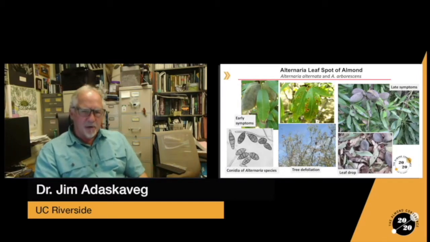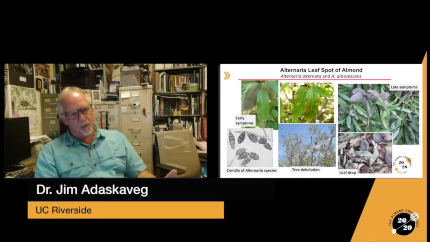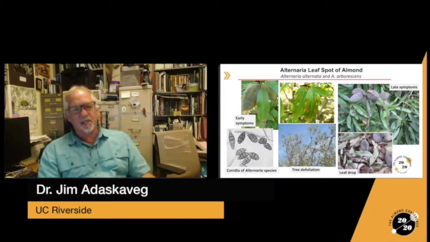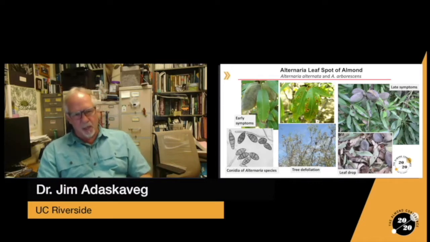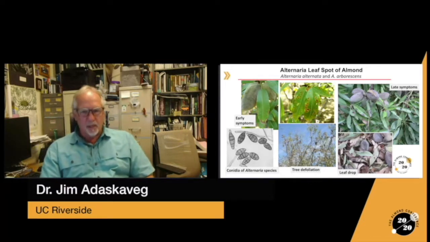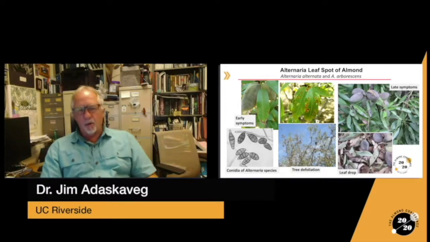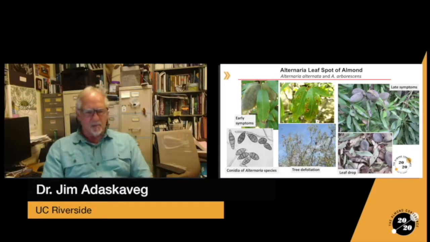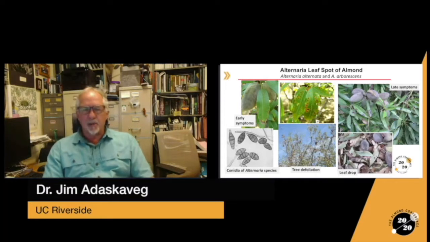They're ubiquitous fungi in orchards, and you can see with some of the symptoms, early symptoms show marginal infections, and then as we move to later infections, we see lesions over the entire leaf, and then even in the later stages, they start turning black with sporulation of the fungus. In the lower left, you can see the conidia of Alternaria, which are dark, and that's what gives it the black coloration on the leaf lesions.